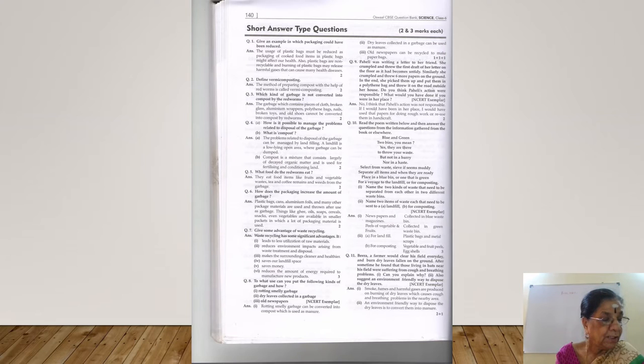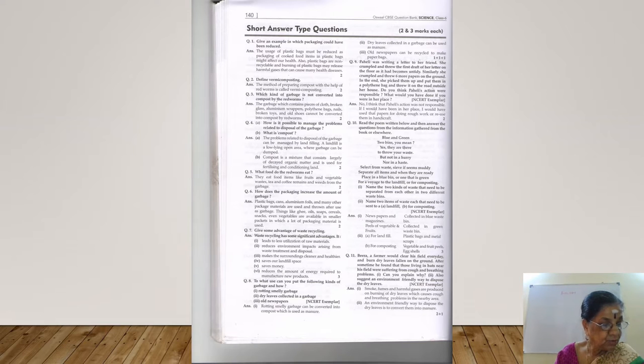இன்னொரு question. Read the poem written below and answer the questions. Blue and green, two bins you mean. Yes, they are there to throw your waste, but not in a hurry and nor in a haste. Select from waste, see if it seems muddy. Separate all the items and when they are ready, place them in the blue bin or the one that is green. Which waste needs to be separated?